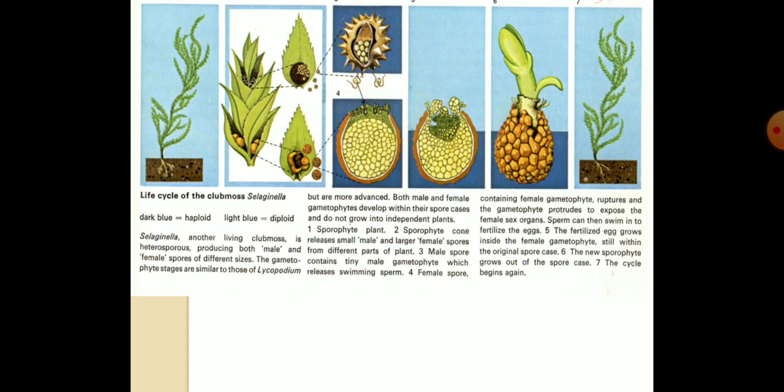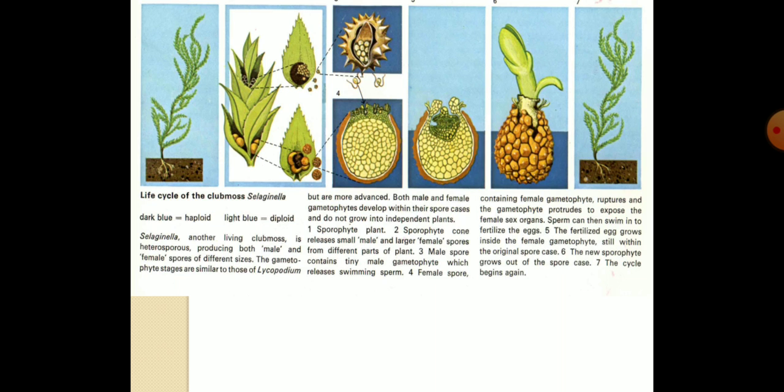The sporophyte is diploid and the gametophyte is haploid in nature. This is the alternation of generations, or the life cycle, of Selaginella, and this is the complete account of Selaginella.